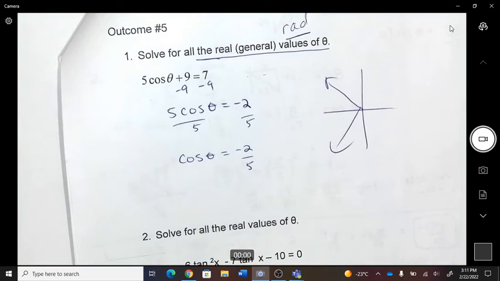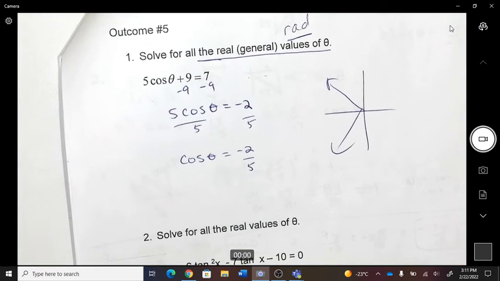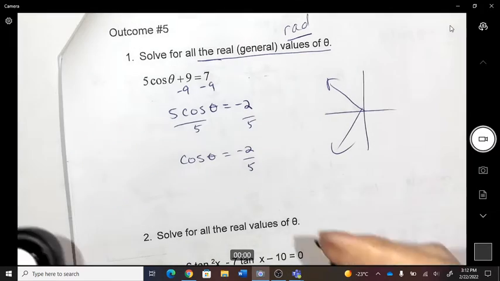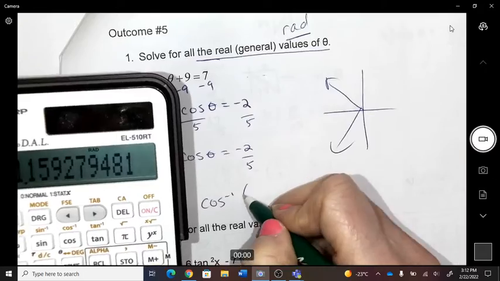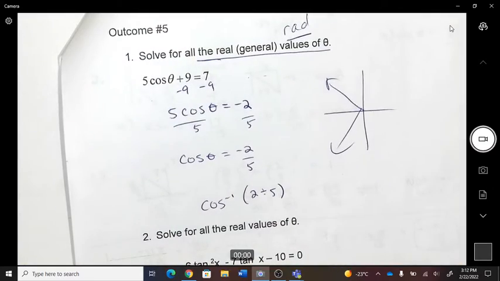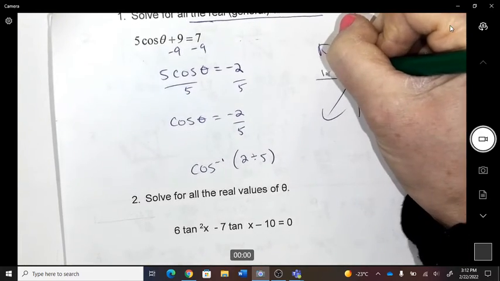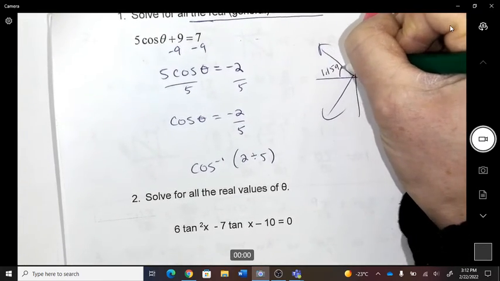I'm going to be in radians. Radians is the #1 language. So radian mode. So I'm going to cos inverse that. And I get 1.159.